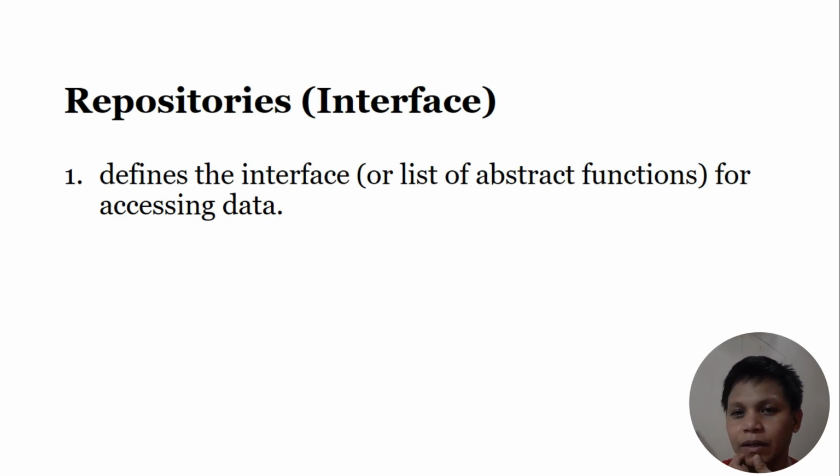We're not defining how we implement it, I'll just show you the example later. But basically, it's just a list of abstract functions. Kaya nga, it just tells you what ano yung mga pwede niyang gawin with this repository, but we don't define in this repository interface kung how it does it.